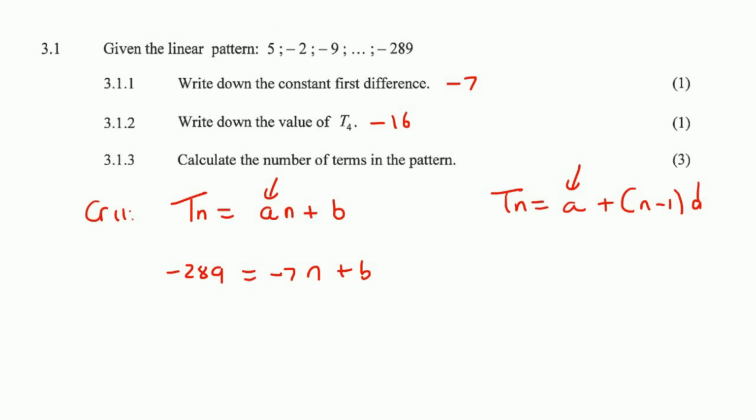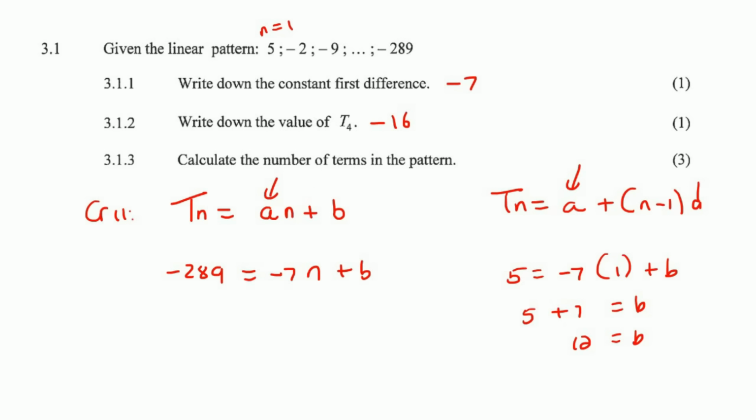We know that this is position number 1, so n is 1. Oh, but I'm going to have to fill it into this formula again now. So we're going to say 5 equals a, and then we have position number 1 plus b. So to work out b, you're going to get 5 plus 7, and so b is 12. Okay, so we just had to do a little side calculation here by plugging into this formula quickly.